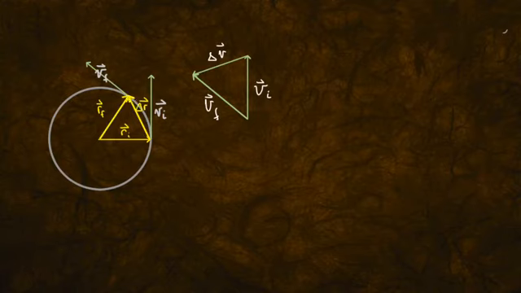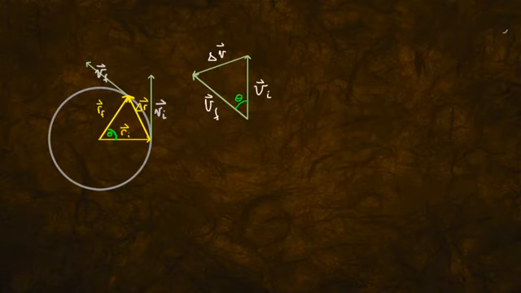So what does that tell us? It should tell us that this angle right here, let's call it, say, theta, is the same as that angle there, right?